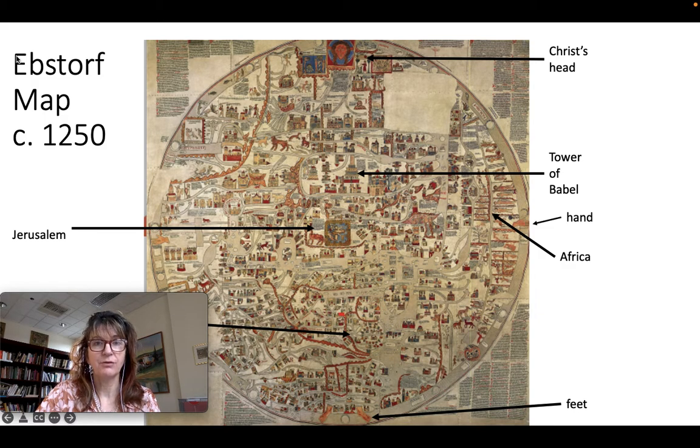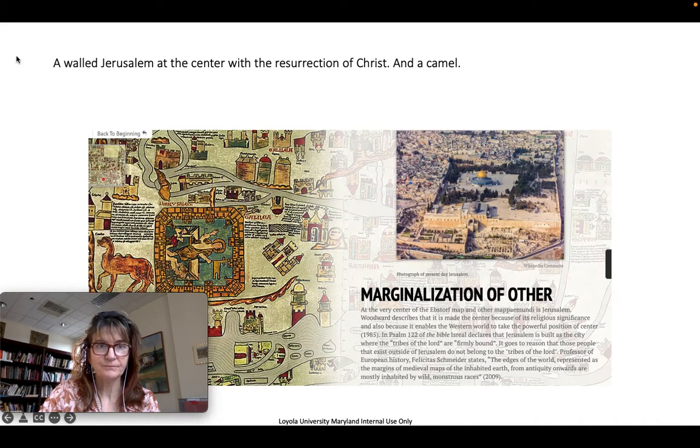It's made of 30 vellum skins, that is 30 sheep. Jerusalem in the Mappa Mundi, in these maps from the 1200s, is always at the center, or what they call the navel of the world. And here on the Ebstorf map, we have a walled city with the resurrection of Christ.